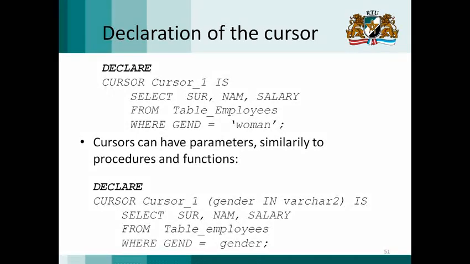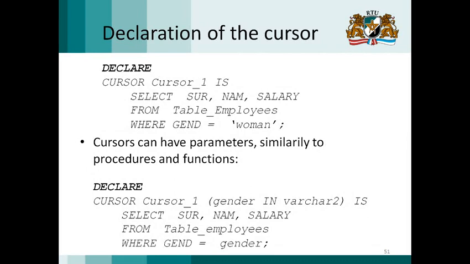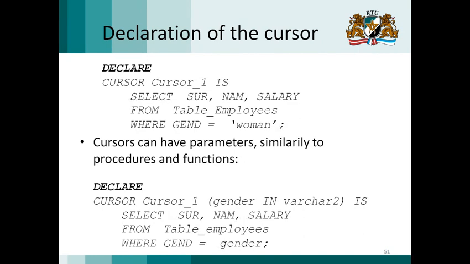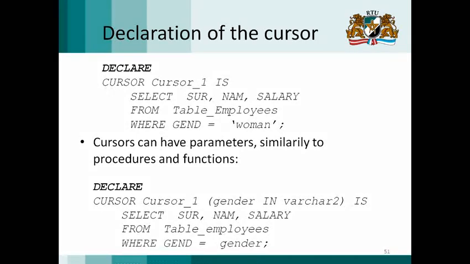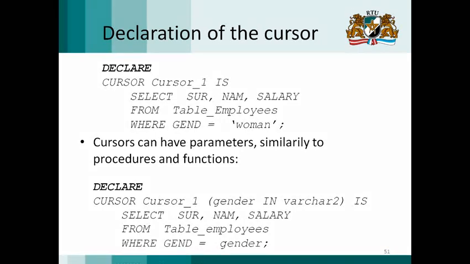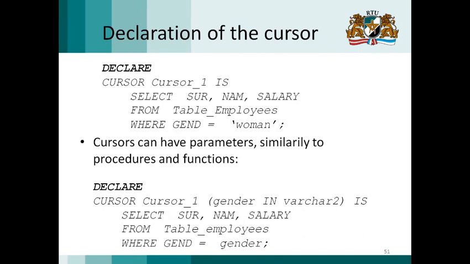Similarly to the procedures and functions, cursors can have parameters. So in this case, after the cursor name, we would have this parameter declaration. They are done exactly the same way as in procedures and functions. We use this parameter name, and after that we also denote this type.